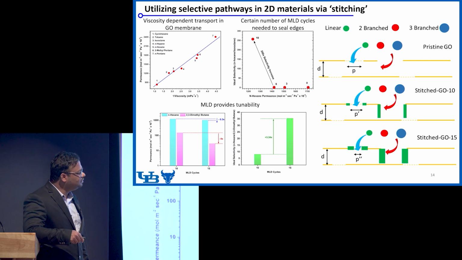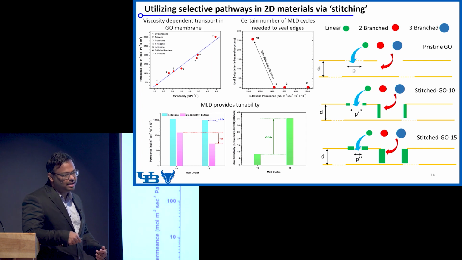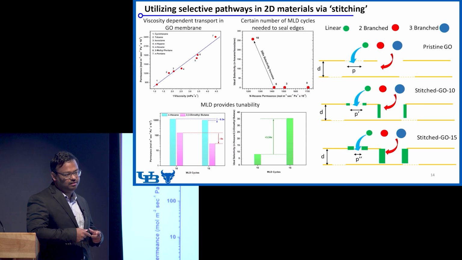So if you look at these 2 small molecules, among the smallest molecule is the n-hexane. Its permeance decreases by 0.3 times when you constrict the pores. But for the medium-sized molecule, when you constrict the pores, its permeance decreases by 400%. So we show that this method actually tunes the in-plane pores of graphene oxide.